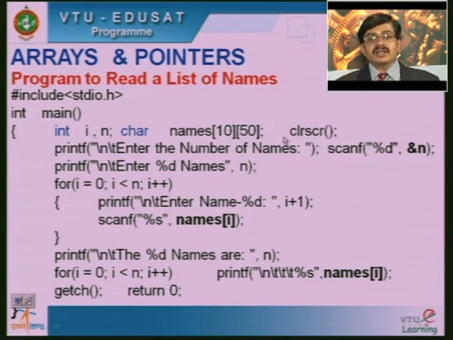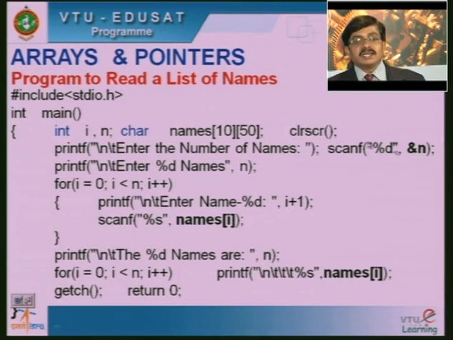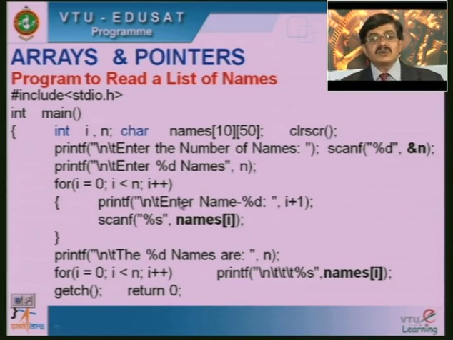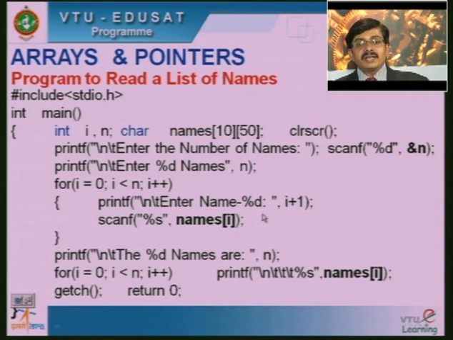But before I start reading the names, we must ask the user to enter the number of names. So here we ask, enter the number of names, scanf %d, n. Then we display the message, enter n names. Then for i equal to 0, i less than n, i plus plus, we print enter name i plus 1. When i is equal to 0, we print enter name 1; when i is equal to 2, we print enter name 3, and so on.